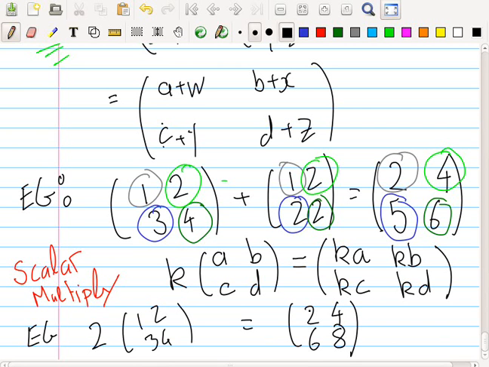So we've done adding, subtracting, multiply by a number. Now the last rule that we'll look at is the most difficult rule, and that's how you multiply a matrix and a matrix.